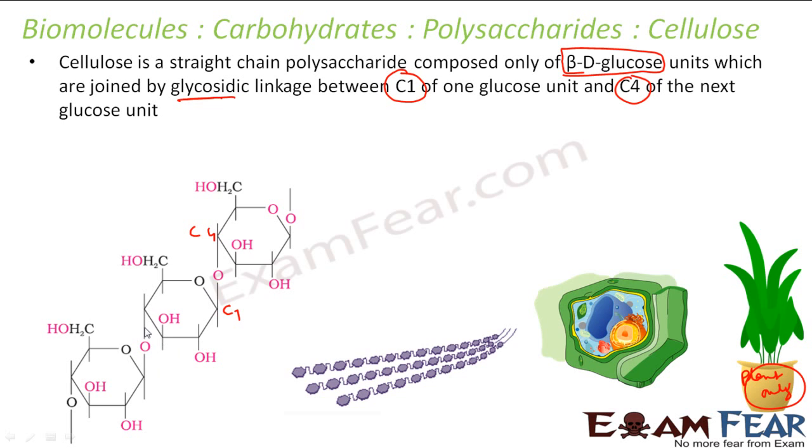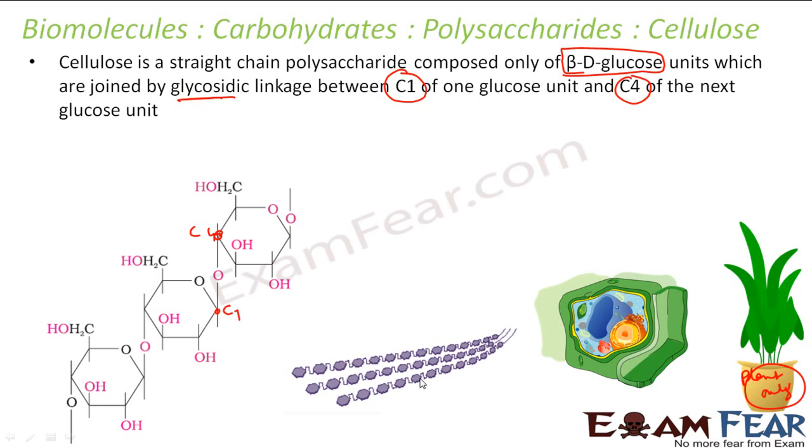There is a link between C4 and C1, and there's a long chain. These are all beta D glucose, all linked. This is the structure.